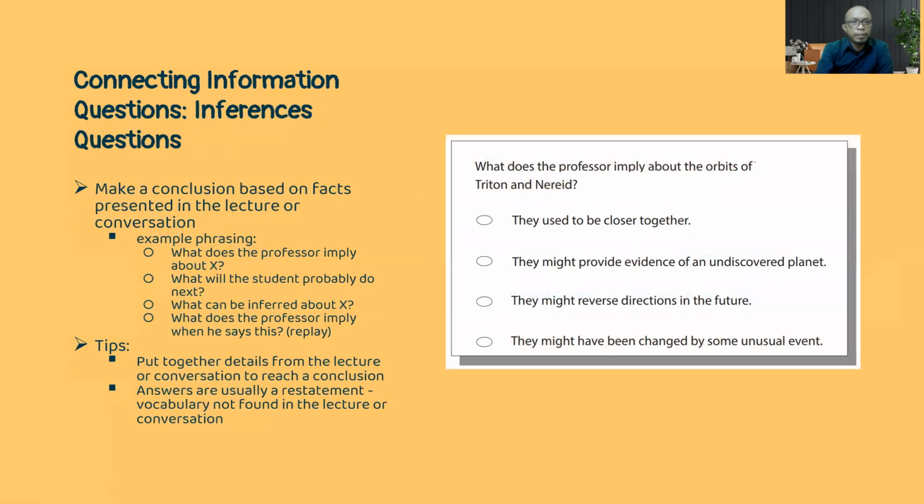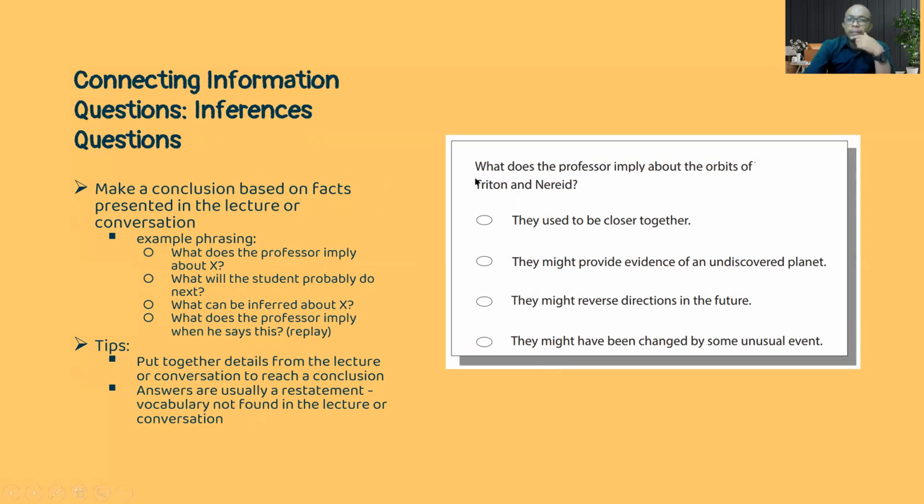Okay. Now, the next one is still about connecting information questions, and this one is about inference questions. Similar to the inference question in the reading, this question will ask you to identify the implied information from the listening.